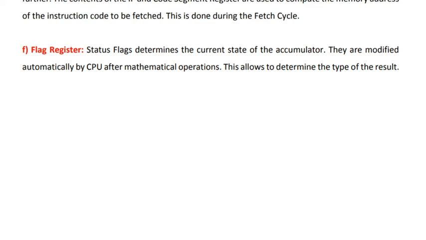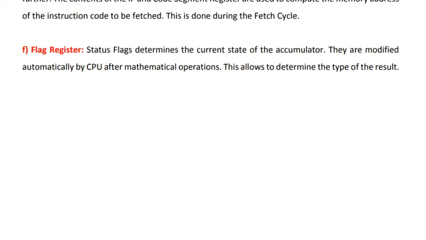Based on the results of an arithmetic operation, the 6 status flags are set. If the result is 0, the zero flag is set. If the MSB of the result is 1, the sign flag is set. If there is a carry in case of addition or a borrow in case of subtraction, the carry flag is set.